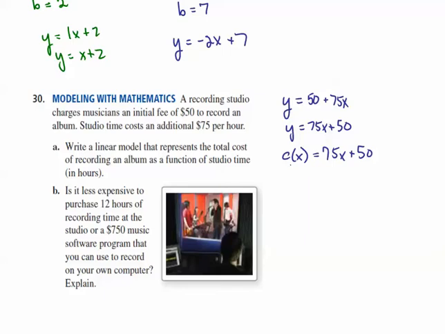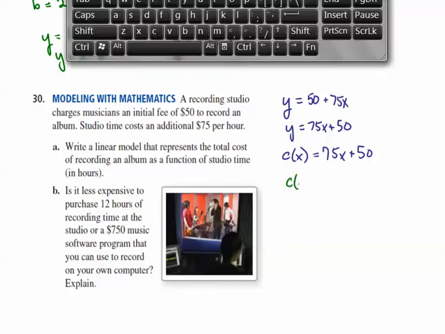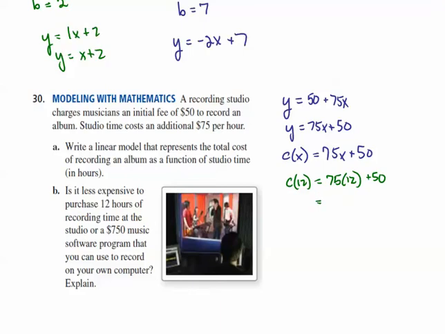So we want to find out, is it cheaper to spend 12 hours at the studio, meaning we have 75 times 12 plus 50. 75 times 12 is 900 plus $50, so it would cost $950 to record at the studio. The software program, so we say 950 is greater than 750, so it's cheaper to buy the software program.